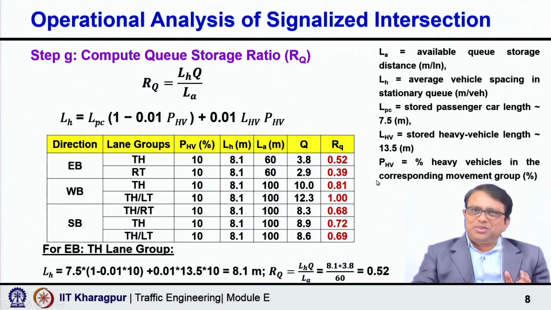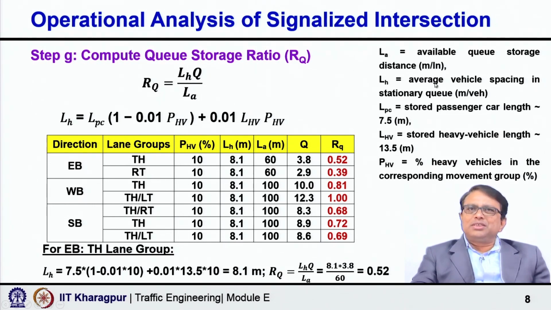Now, once you have done that, we know how much will be the value of Q, and we know the available Q storage distance, that is an input. So, what is then the RQ, the Q storage ratio? My actual queue length is Q multiplied by LH.